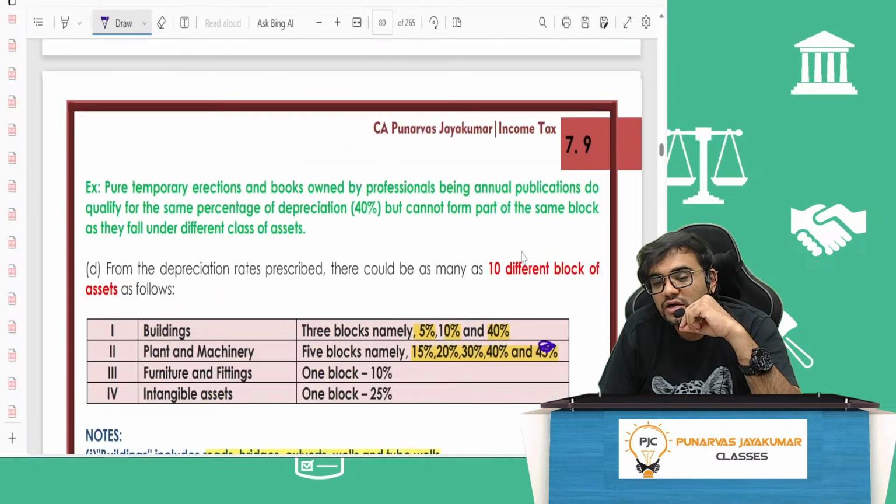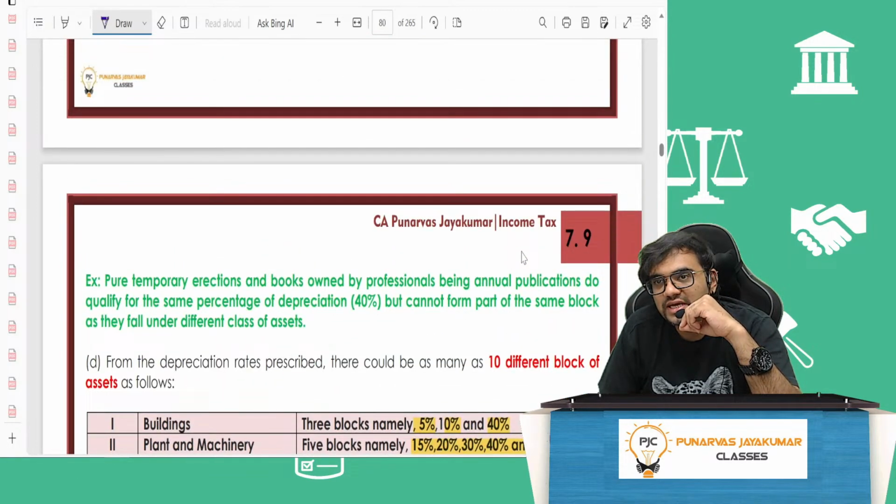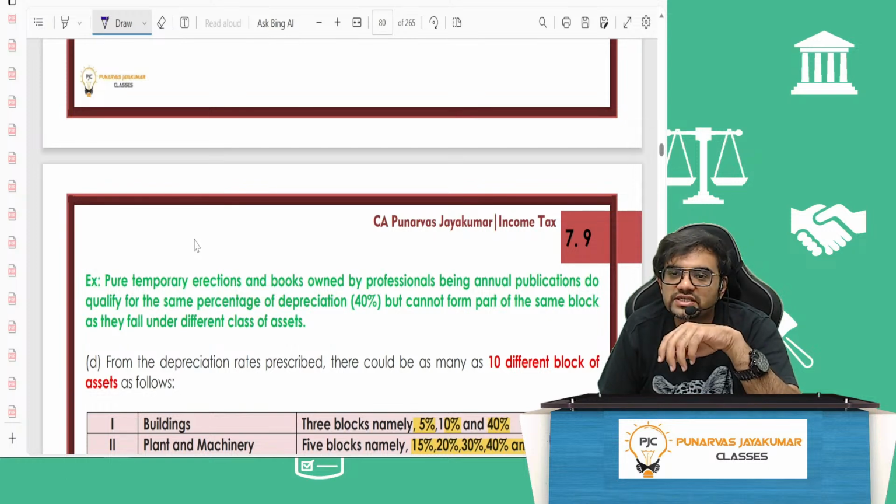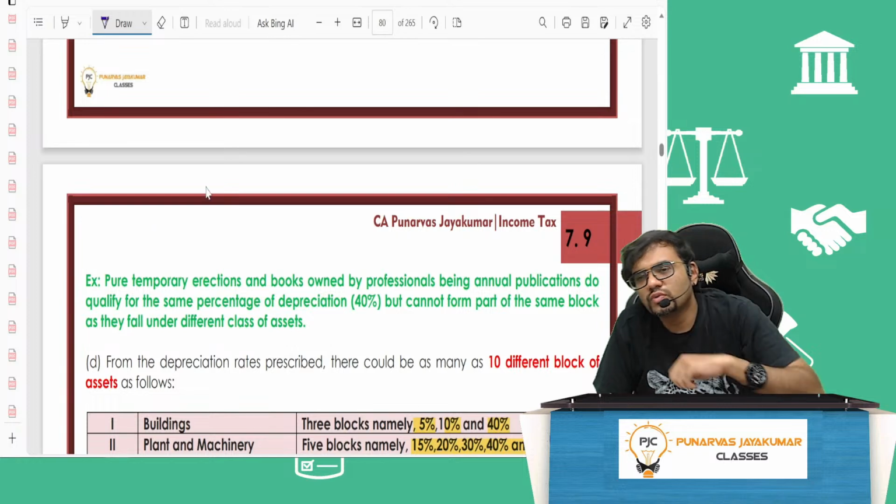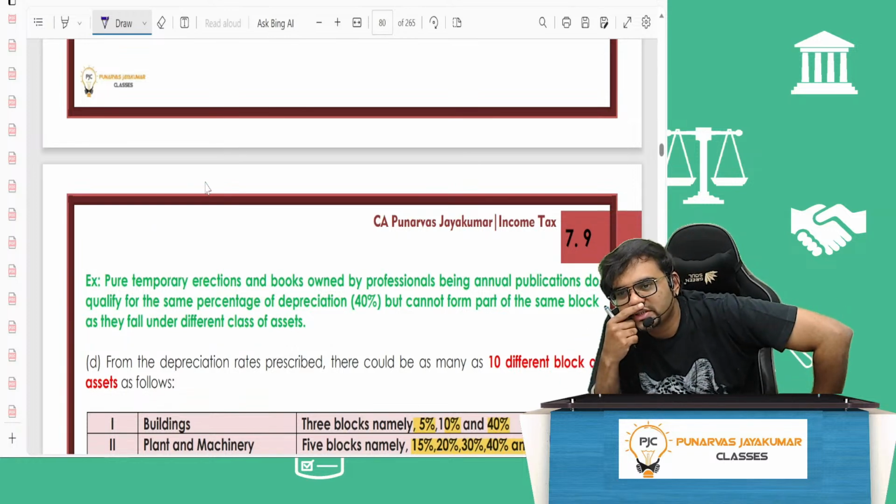Does plant include, let us say, I am in the business of buying and selling animals. Animal is an asset or is it stock in trade? Stock in trade. So what will I take depreciation on it?